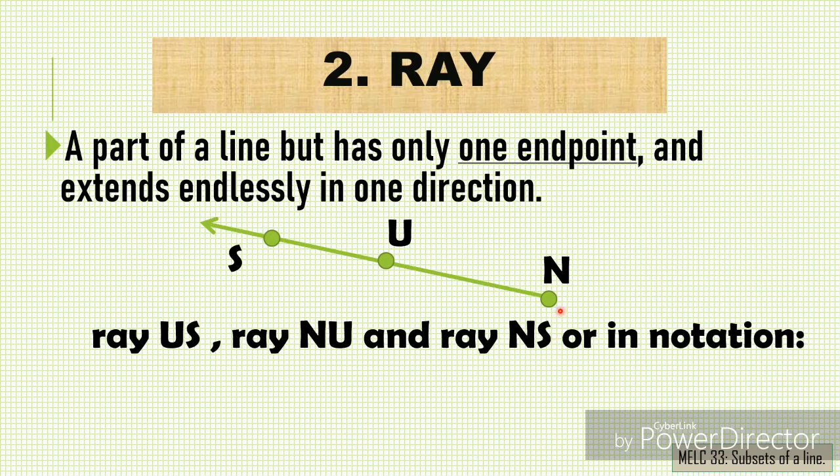Ray NS. So, endpoint pa rin, and the second point, yung na-extend na portion. Like I've said, in general kasi, ang symbol for ray ay yung arrow na nakaturo papuntang kanan, yung kanyang arrowhead, okay? So again, alam natin na kapag nag-name tayo ng ray, yung U, yung N, yung mga endpoints yan. Okay po? And the second letter stands for the portion na na-extend. Do you follow? Very good.